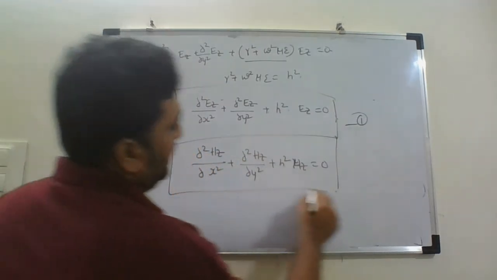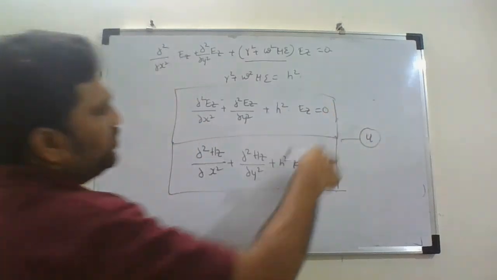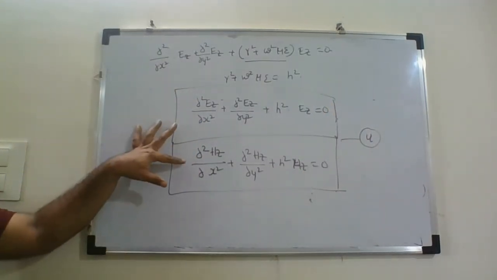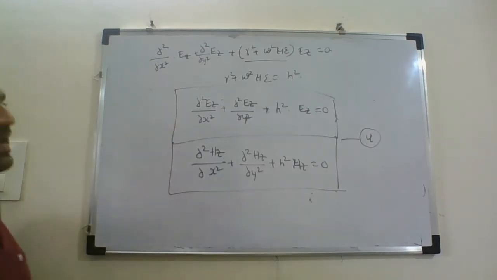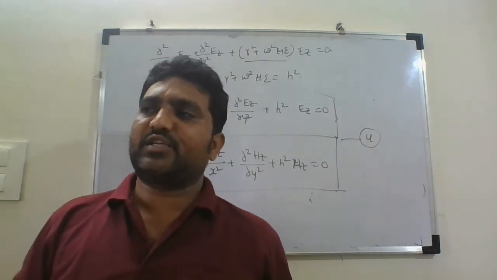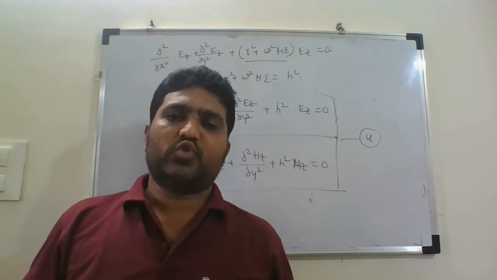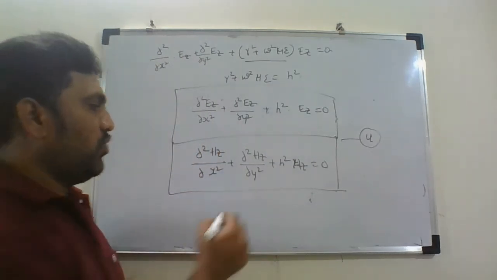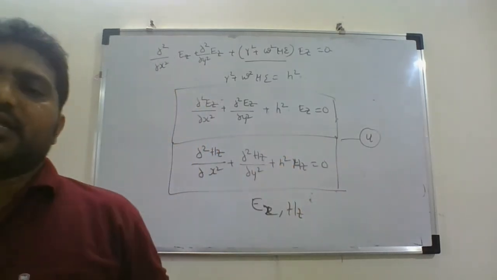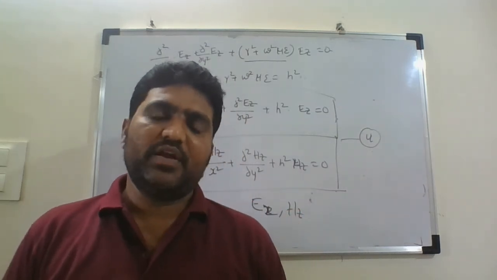Let these equations be 4. These two equations are simple partial differential equations. By using separation of variables or any other partial differential equation solution technique, we can find out the values of Ez and Hz. With this our general analysis is completed.